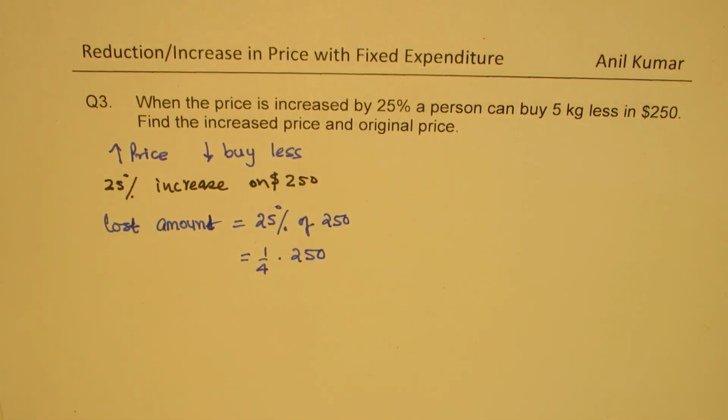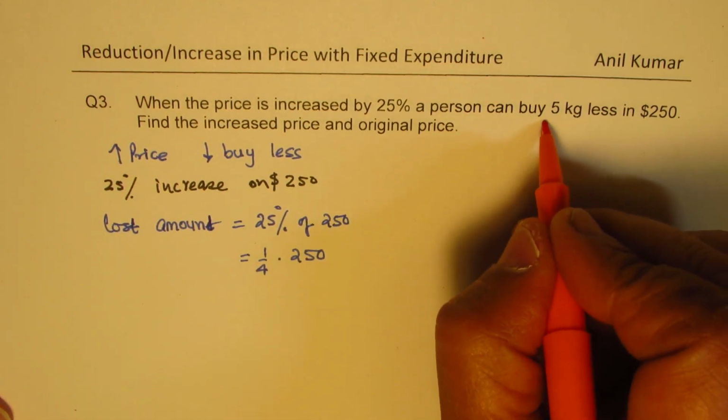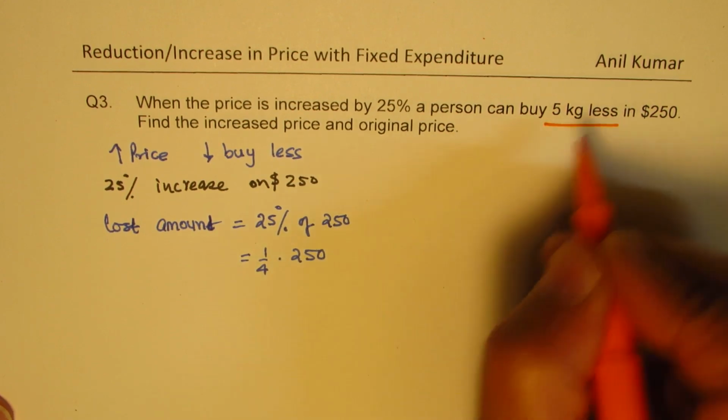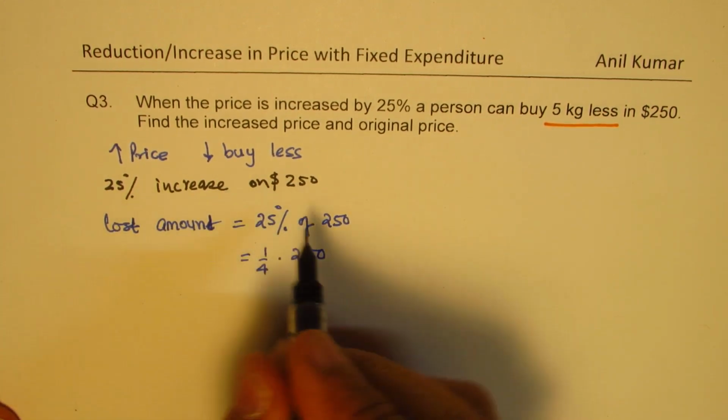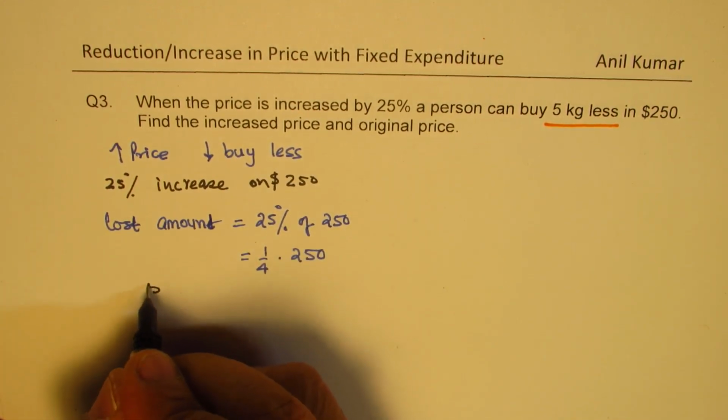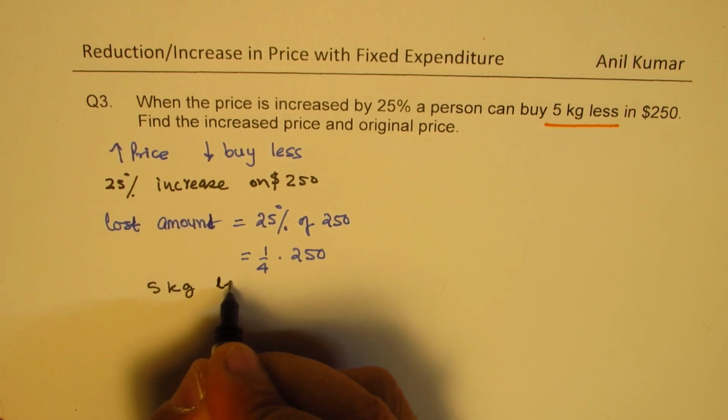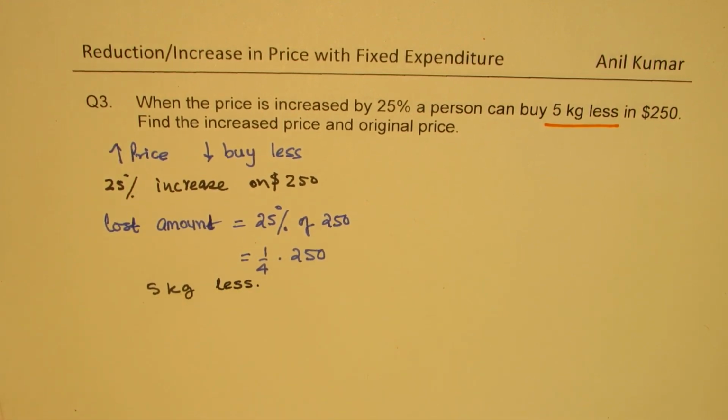And what are we saying here? We can buy 5 kg less. So for this loss amount, 5 kg less. Is that clear? So this happened because we increased the price.